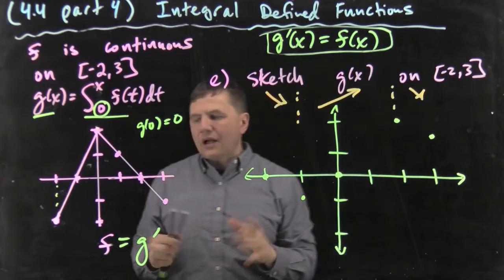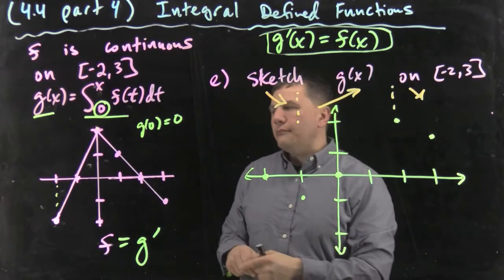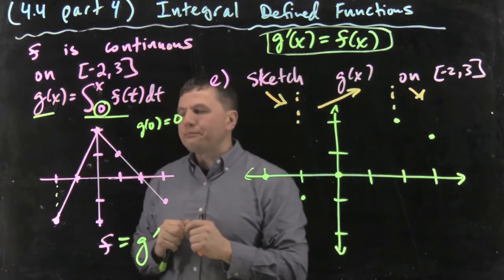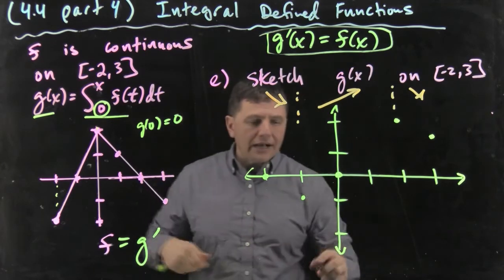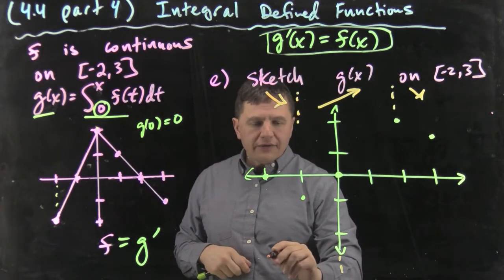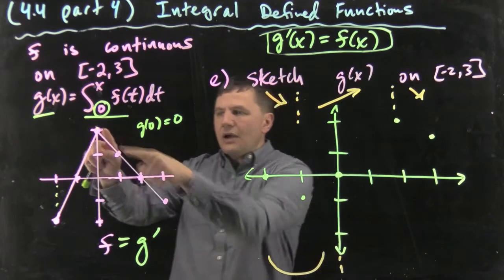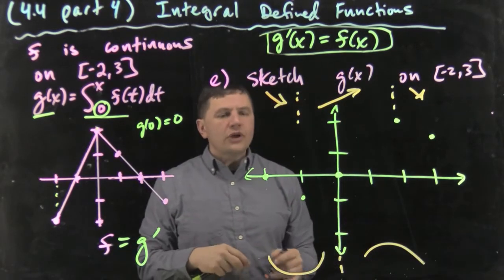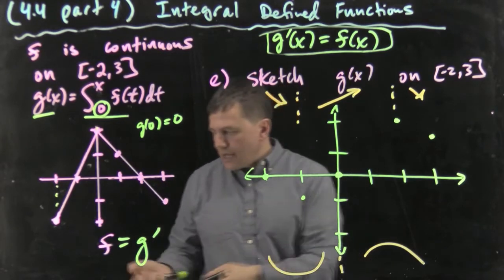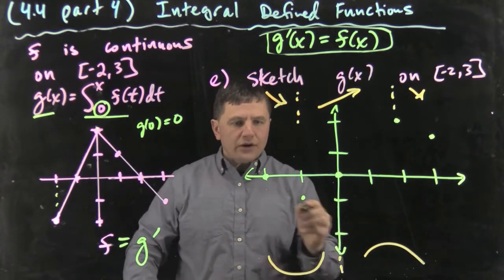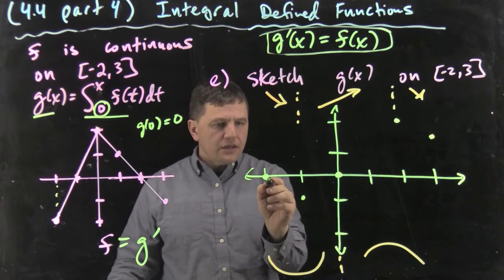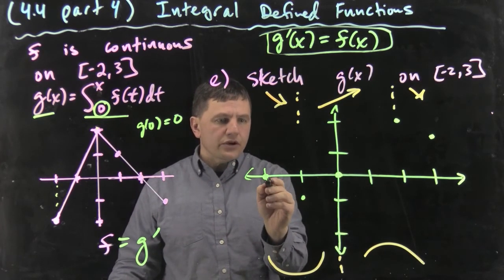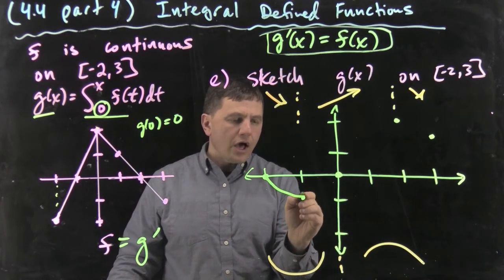Okay, now concave up, concave down. When our function g prime is increasing, we're concave up. So we're concave up on this side of the axis, and when g prime is decreasing, we're concave down. So now we just want to put this all together and see if we can get a graph. So just try to really over-accentuate the concavity. So let's see, we're decreasing, concave up.